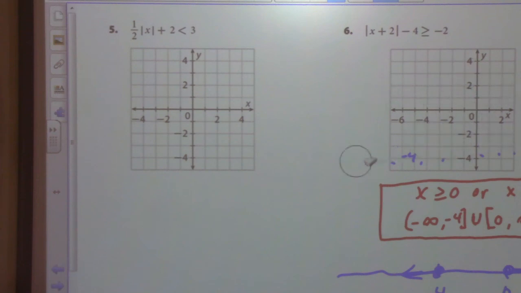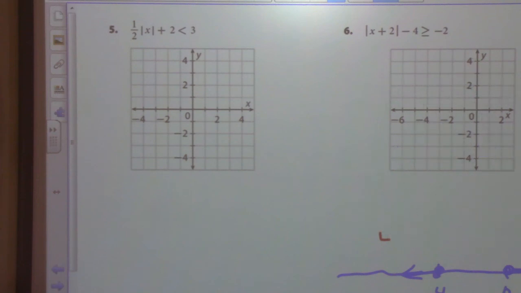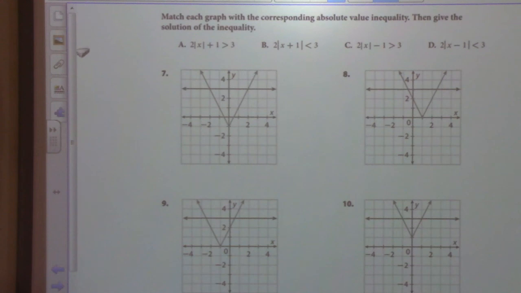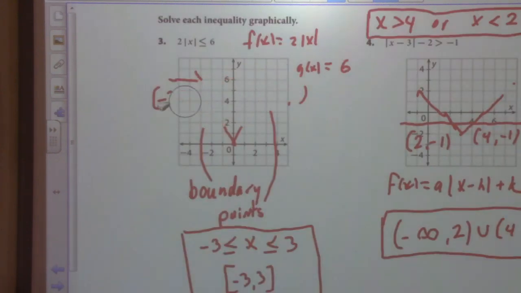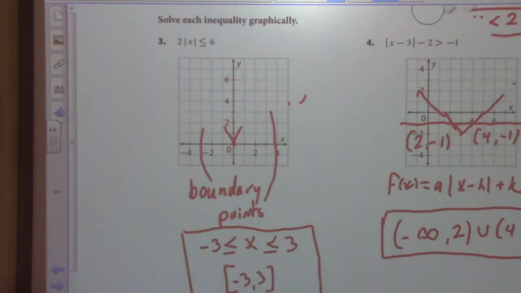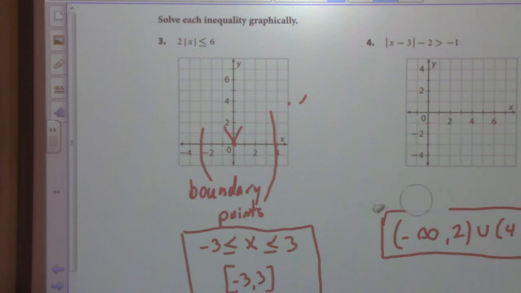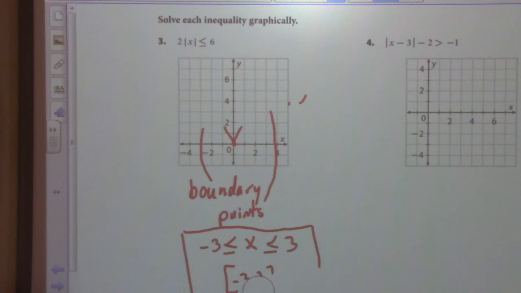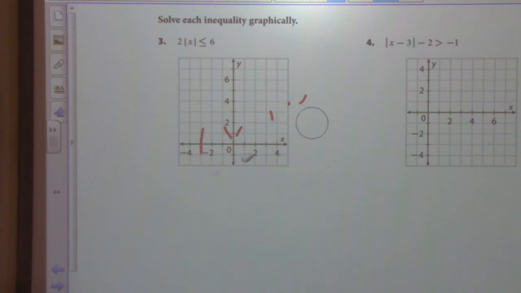So I want you to go ahead and look at 7 through 10 and work those out. Jay, do you have a calculator? Yeah, a little bit. You got your own calculator? Okay, good.